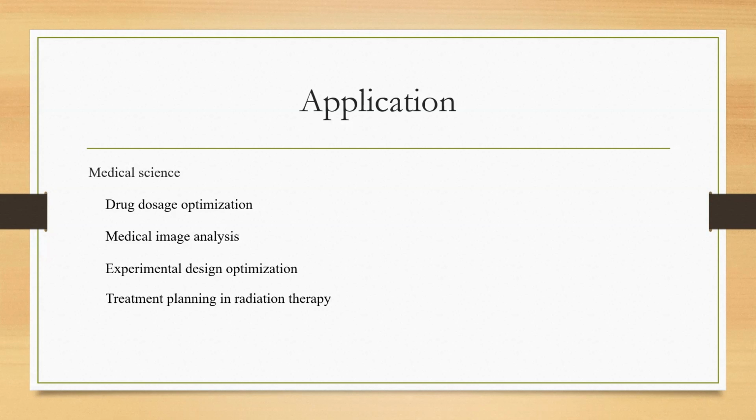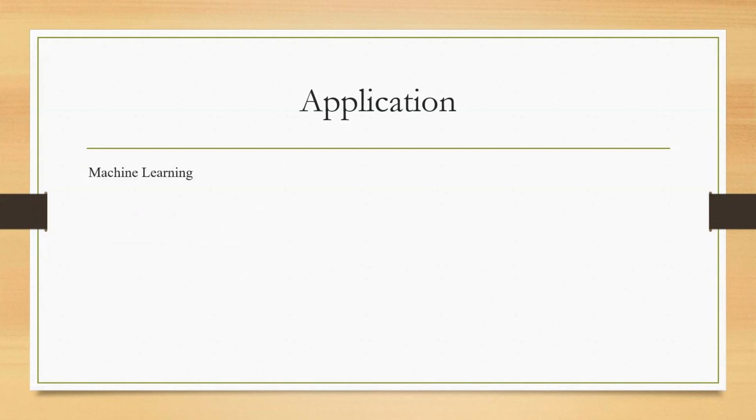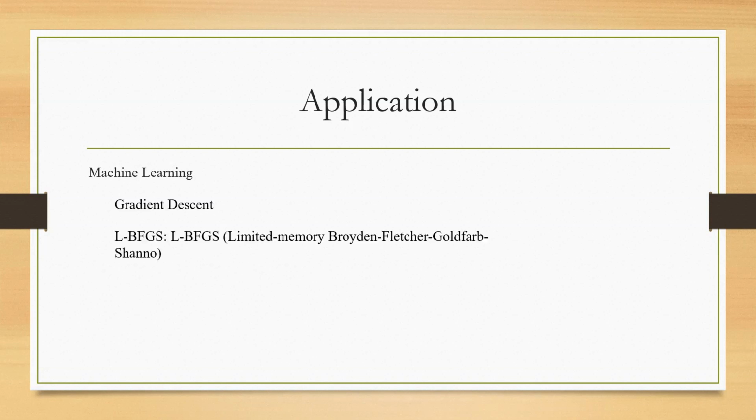Moreover, the Powell method is also applied in machine learning. It is not a commonly used optimization algorithm there, however, there are several other optimization algorithms specifically designed for machine learning tasks, such as gradient descent, limited-memory Broyden-Fletcher-Goldfarb-Shanno, and conjugate gradient.